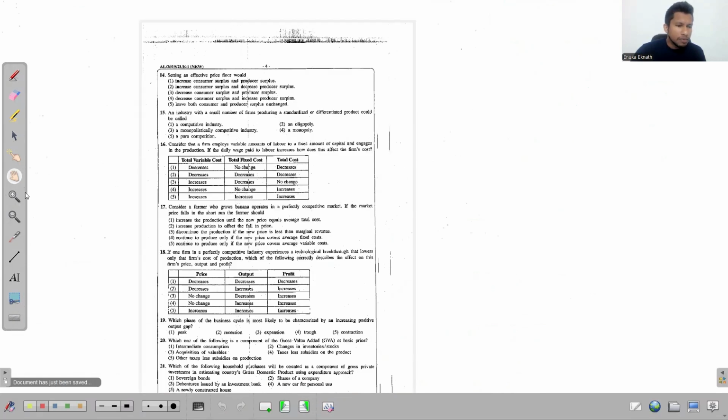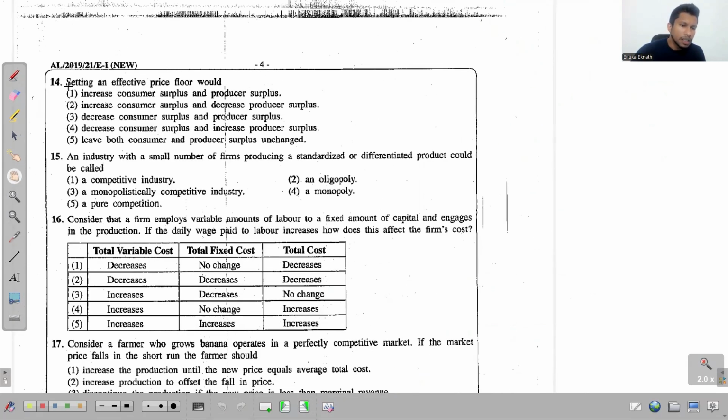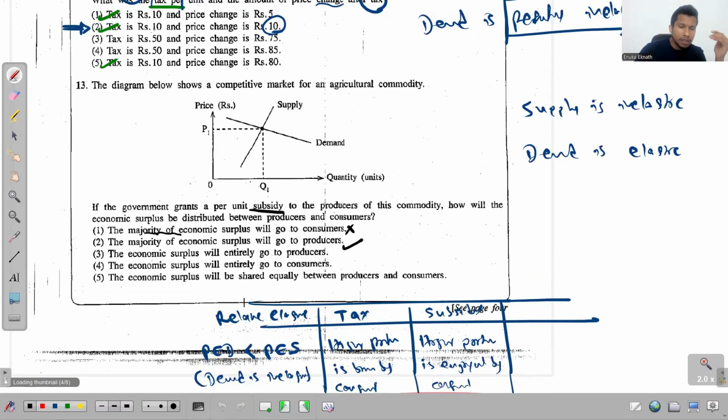Right, look at question 14 now. In question 14, it says, setting an effective price floor would increase consumer surplus and producer surplus. The second option says increase consumer surplus and decrease producer surplus. As we discussed under a previous question, there we discussed the maximum price.